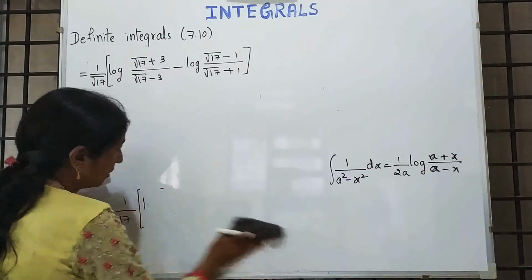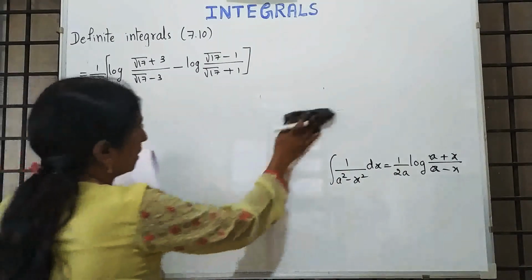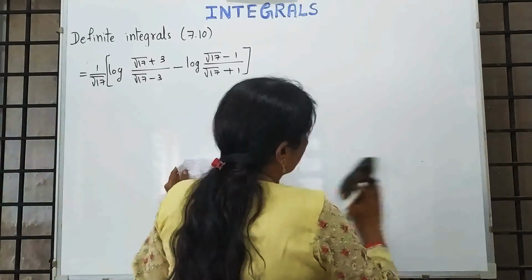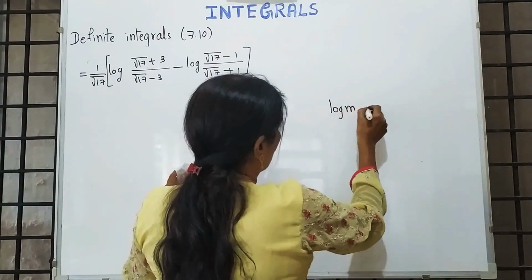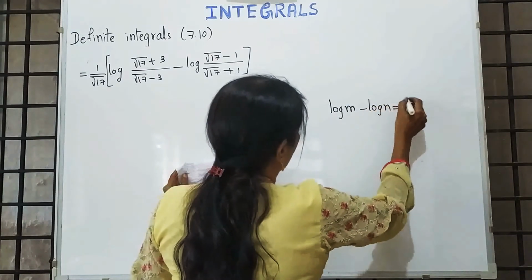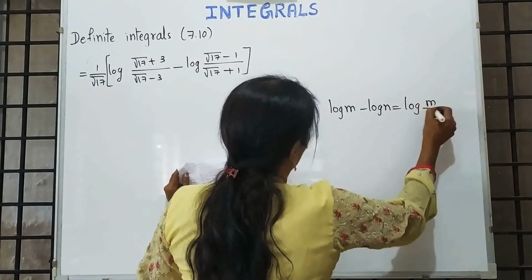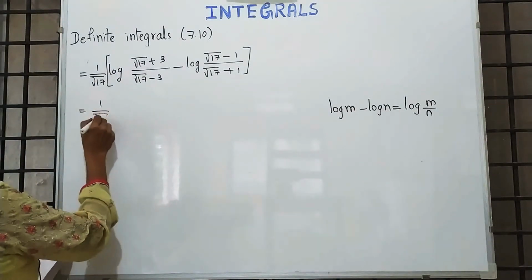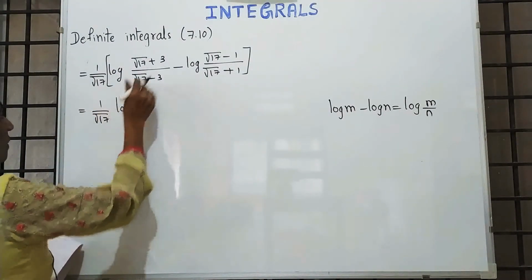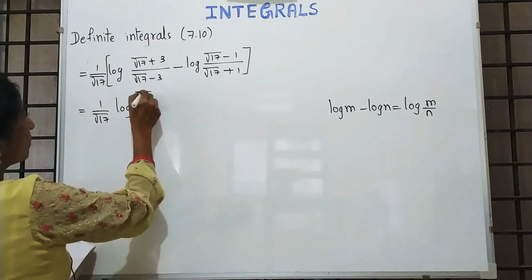What is log m minus log n? Log m minus log n is log m upon n. Applying that, it is 1 by root 17 log this value upon this value.